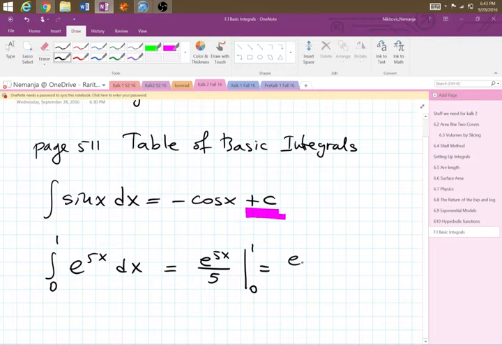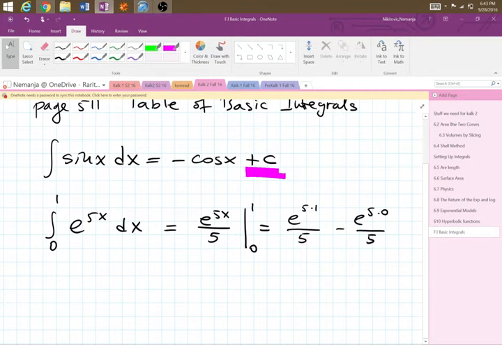So it's going to be e to the 5 times 1 divided by 5 minus e to the 5 times 0 over 5. There is no plus c this time, obviously. And we're dealing with e to the 5 over 5 minus 1/5. No plus c. So we are differentiating now between the definite and indefinite integrals, whether we have plus c or not.